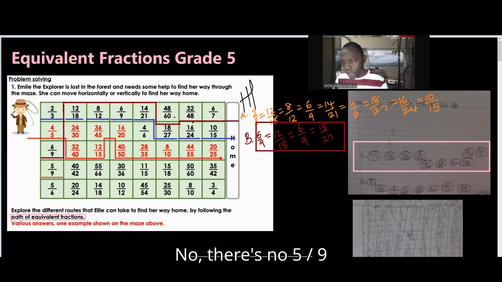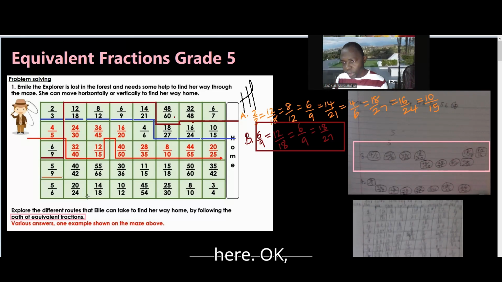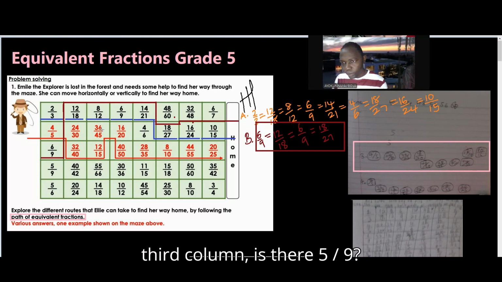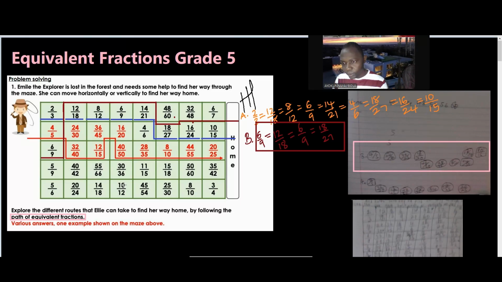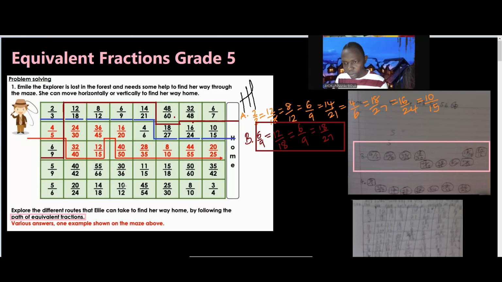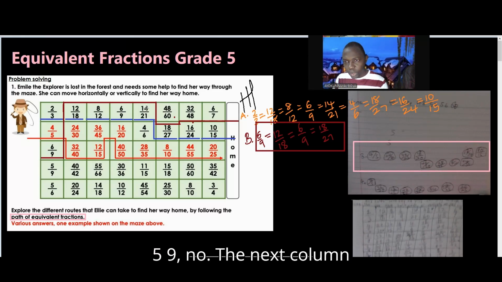No, there's no 5 over 9 here. That means it won't enter anywhere. The third column, is there 5 over 9? No. The fourth column, 5 over 9, no.